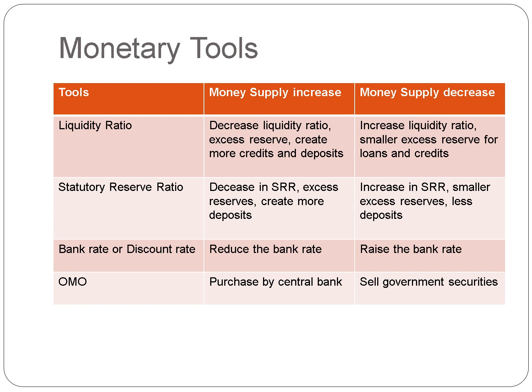If you see OMO, money supply increases when securities are purchased by the central bank. If the government wants you to have money, they will buy the security from you and give you the money to spend.